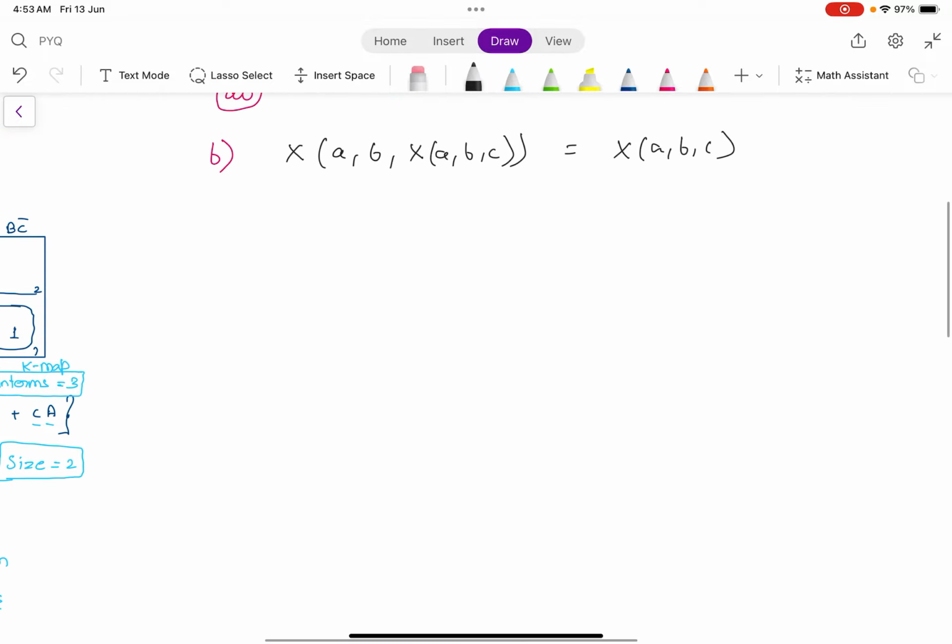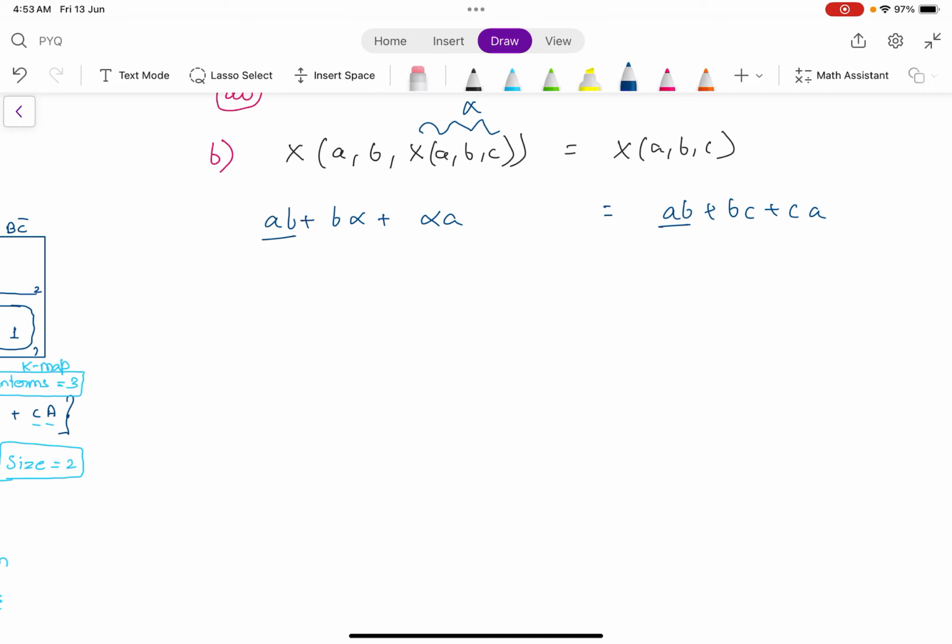Now ABC is AB plus BC plus CA, and the right hand side is AB plus B, and let's assume this to be an alpha. So you will have AB, B alpha plus alpha A. So there is also AB, AB, so this is a common part.